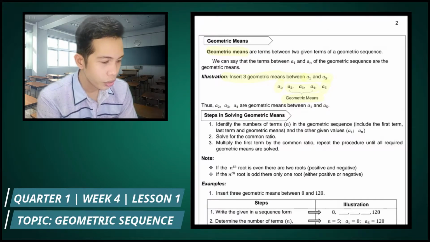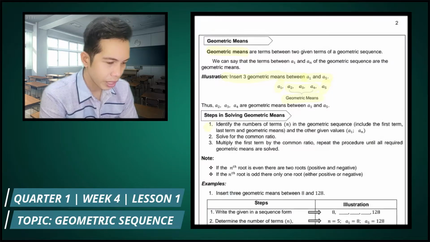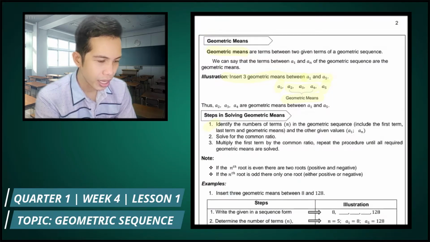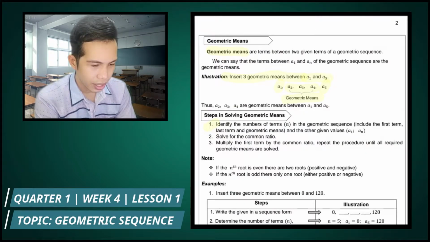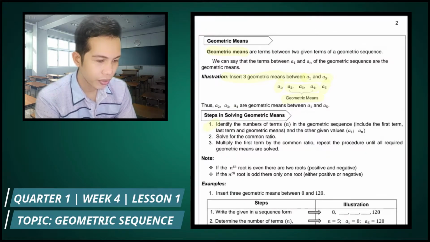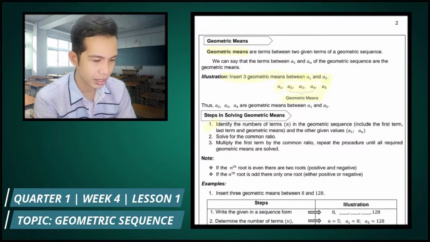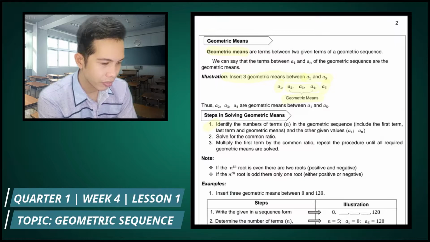Okay, so you have here the steps in solving geometric means. Number 1, identify the number of terms in the geometric sequence, which is the variable n, including the first term, last term, and the geometric means, and the other given values such as the first term and the last term. Number 2, solve the common ratio.